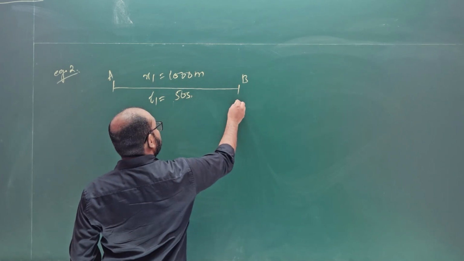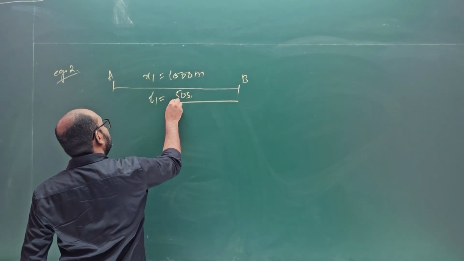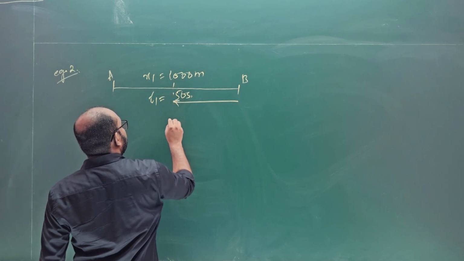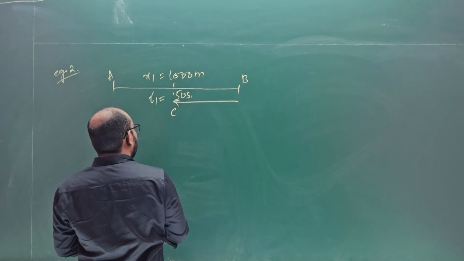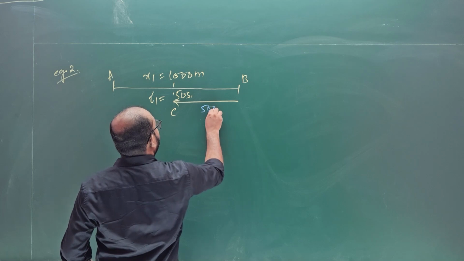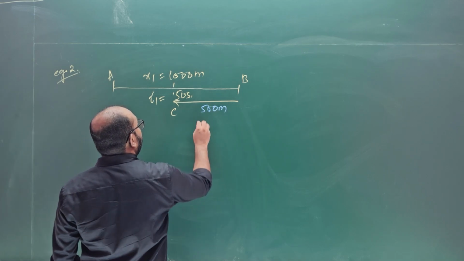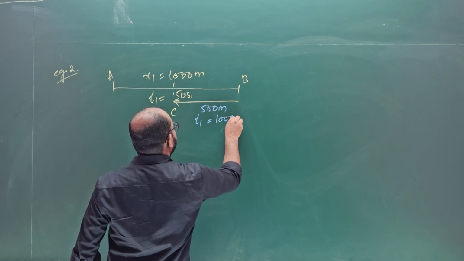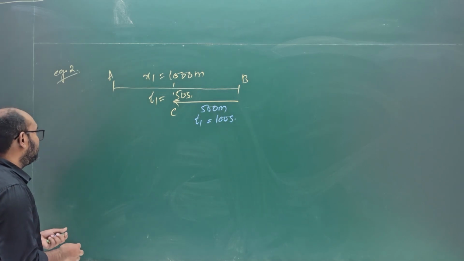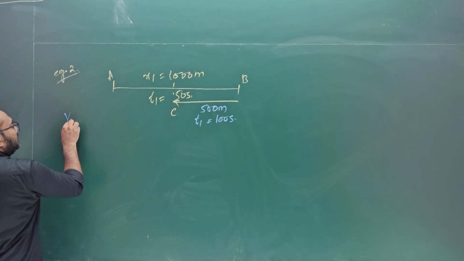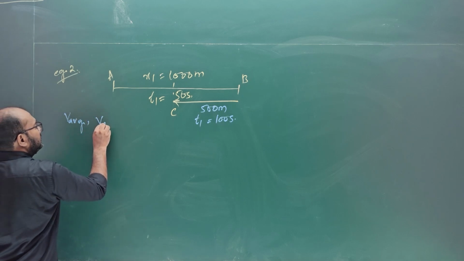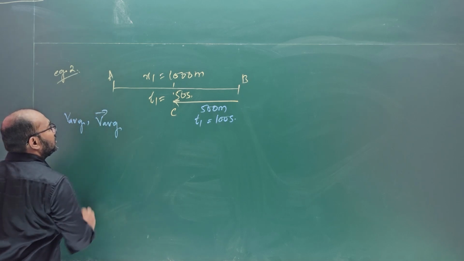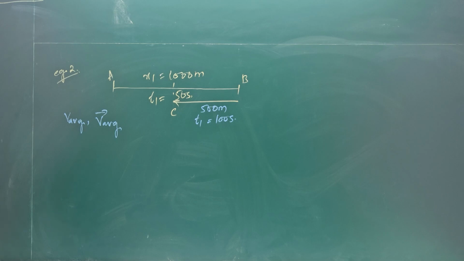Then the object returns back to a point C, 500 meters, and took a time t2 of 100 seconds. Same question: find average speed and average velocity. Come on, be quick.